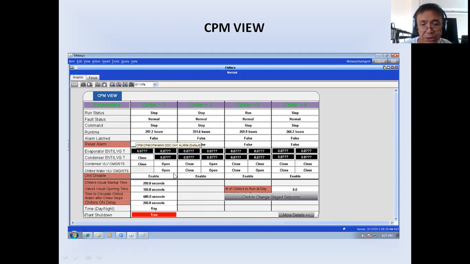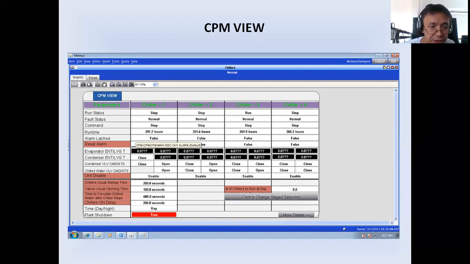Now you can disable the unit. Let's say there is a problem in one unit, you can disable it here so that it will not be included in the chiller staging. Chiller usual startup time is 200 seconds. Before the chiller is started, it will wait for 200 seconds. That is the on delay. Valve usual opening time is 100 seconds. This is the time when the butterfly valve will fully open.